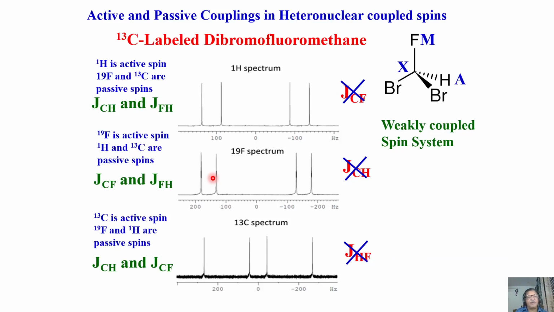I introduced the active and passive spin couplings and took the example of 3 protons and 3 heteronuclei, and showed you what is an active spin, what is a passive spin, what is the coupling between active and passive spins, that's what you see, and what are the couplings between passive spins, which you don't see in the active state. This is a basic point you remember, and don't forget, because these are all very important as you go ahead further.